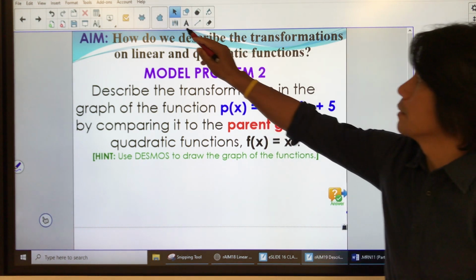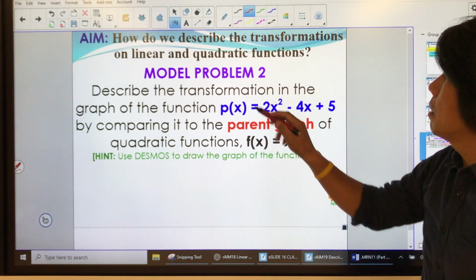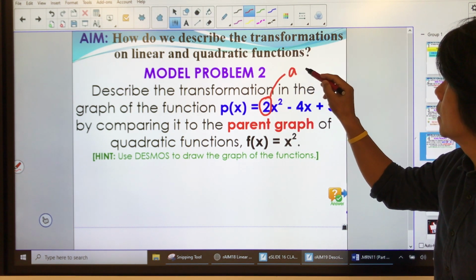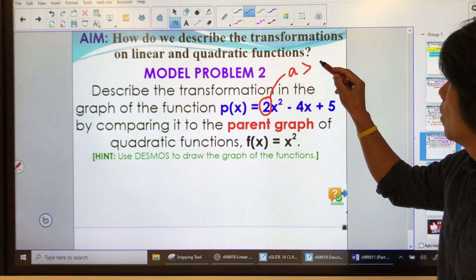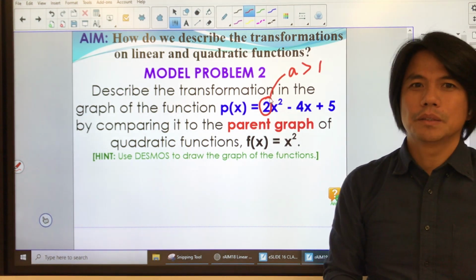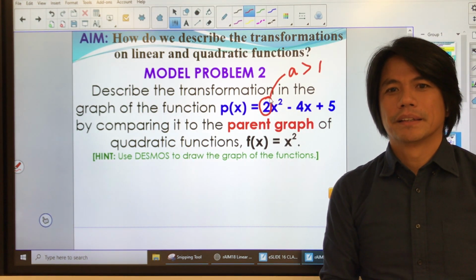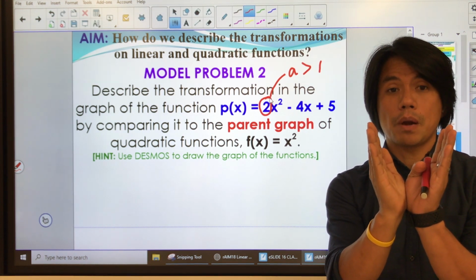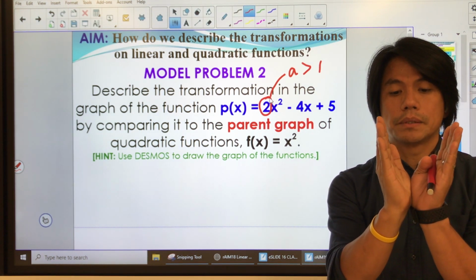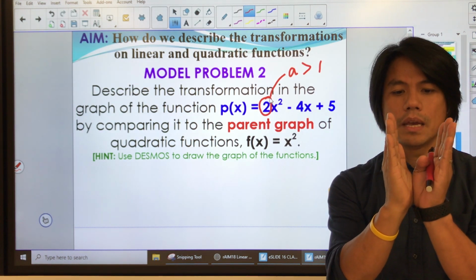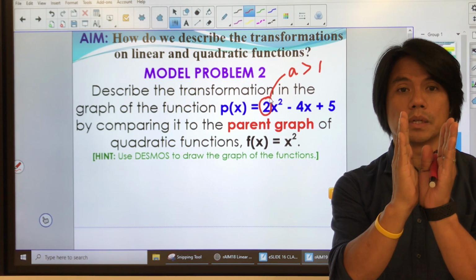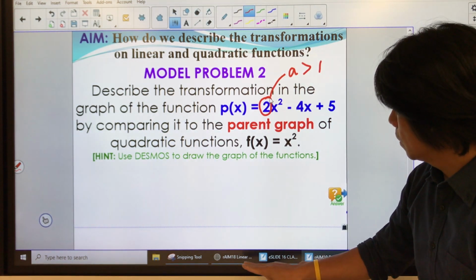But before that, if you remember on the previous lesson, if a is greater than 1, what do you remember? If a is greater than 1, it dilates, it becomes narrower. Let us show the evidence here.